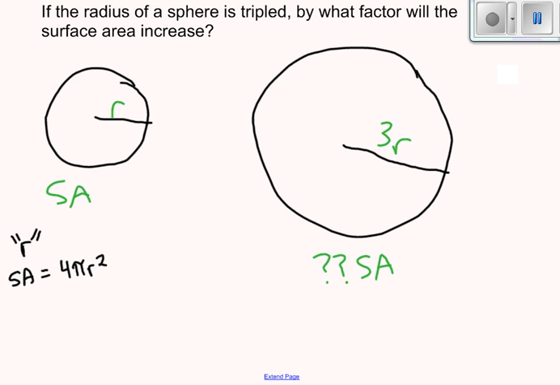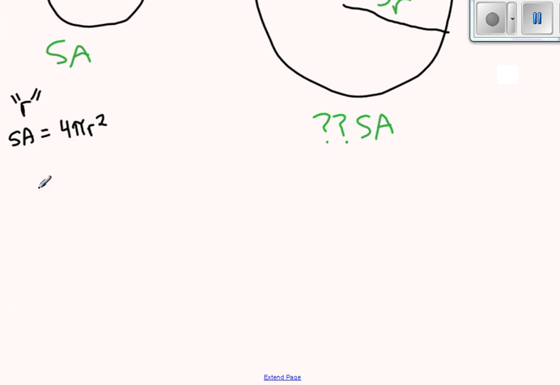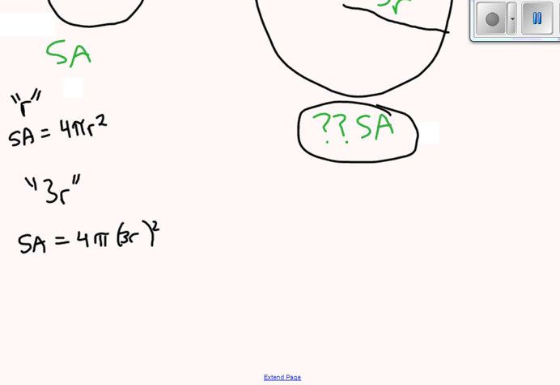Now, if instead of r, I have 3r, look what happens to the surface area. I have 4 pi, and instead of r squared, I have 3r squared. So those of you who said that the surface area is 3 times bigger should already be seeing your mistake, because the radius is 3r and the radius gets squared, so this actually becomes 9r squared.